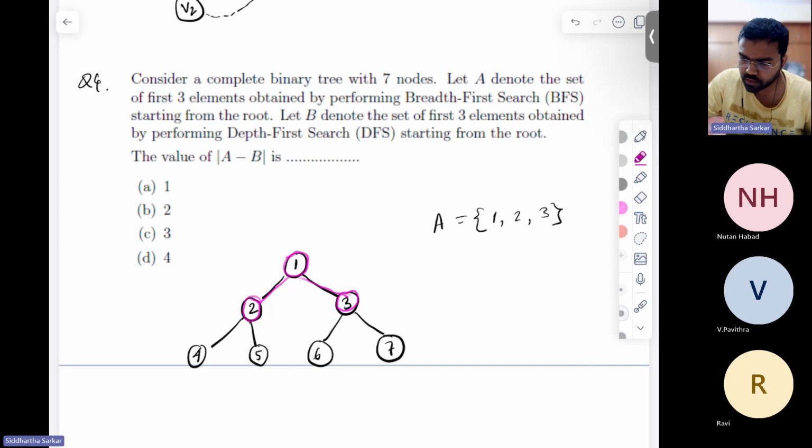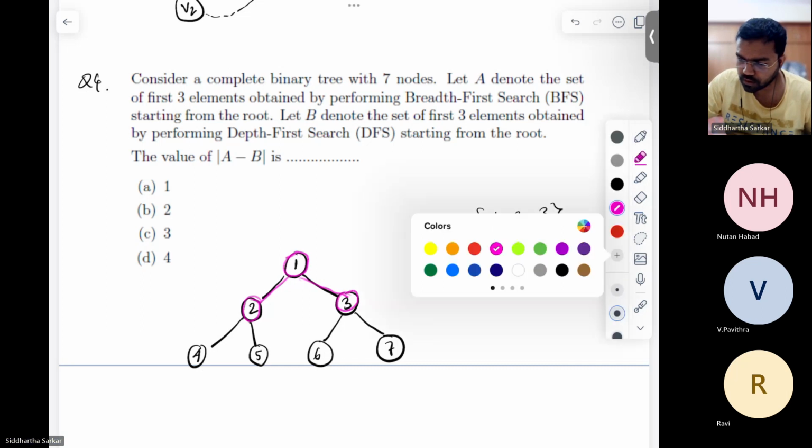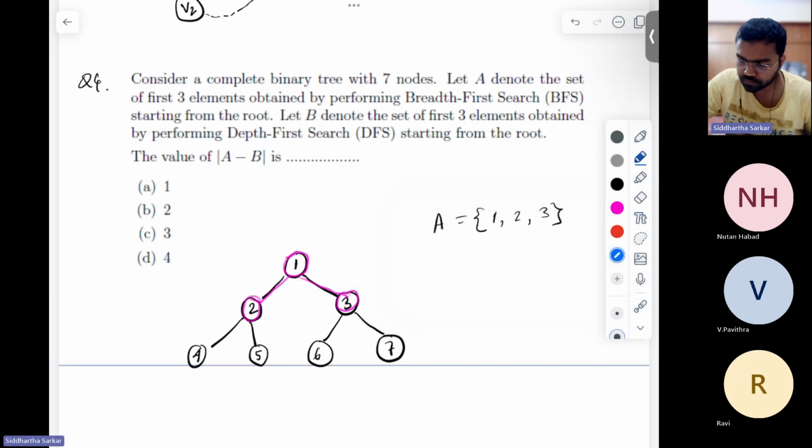Now we shall do DFS. So 1, take one of its neighbors. 2, take one of its neighbors. So this forms a set B. This is like 1, 2, and 5.